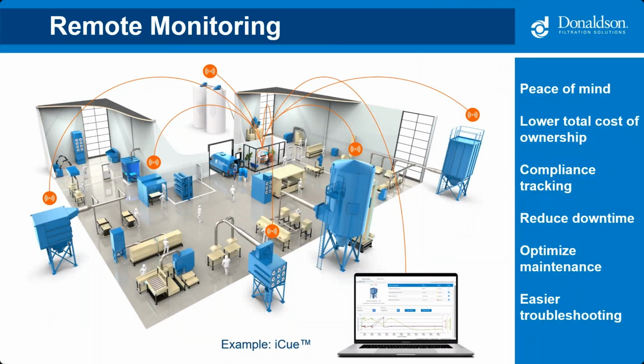This allows customers to monitor their collectors remotely. It provides customers with real-time data, alerts them when there's an issue, and provides historical reports. As you can imagine, customers find this incredibly beneficial. Again, most manufacturers are heading this direction, and customers love it. It's definitely something to consider when specifying a system.